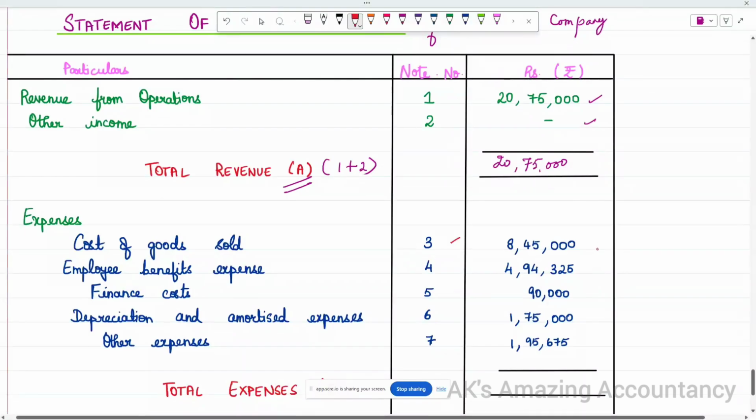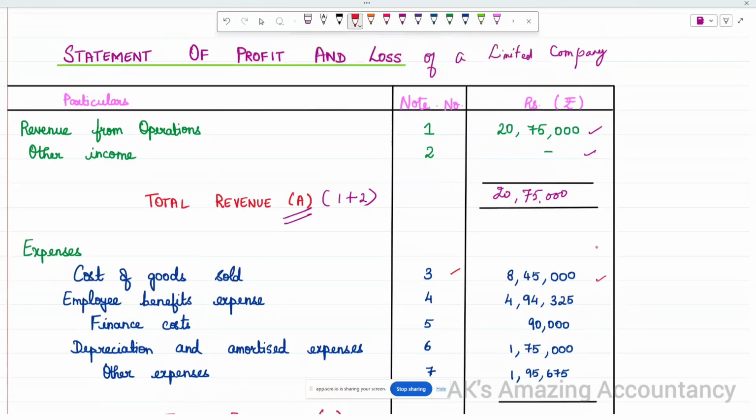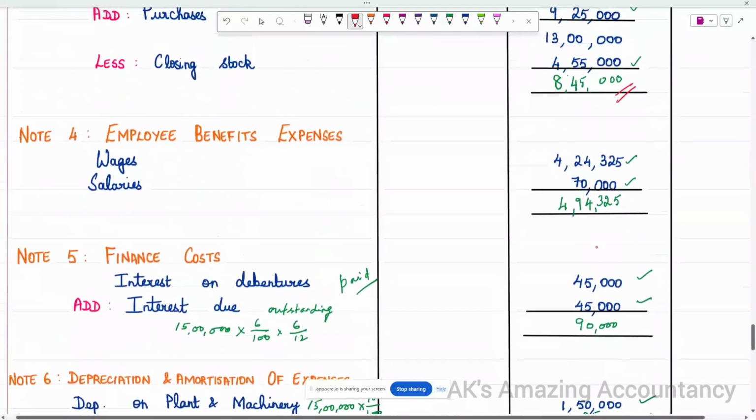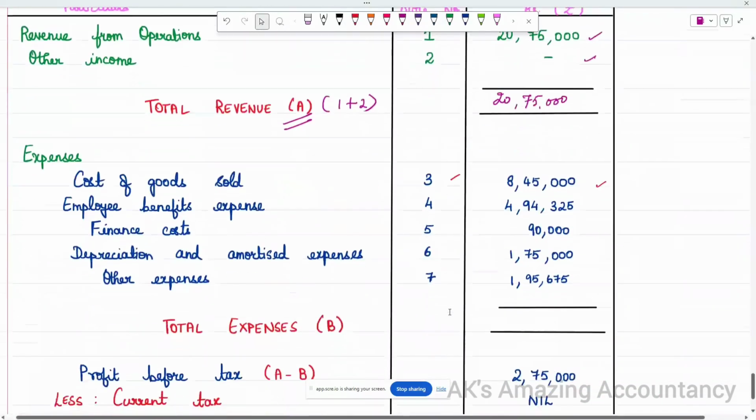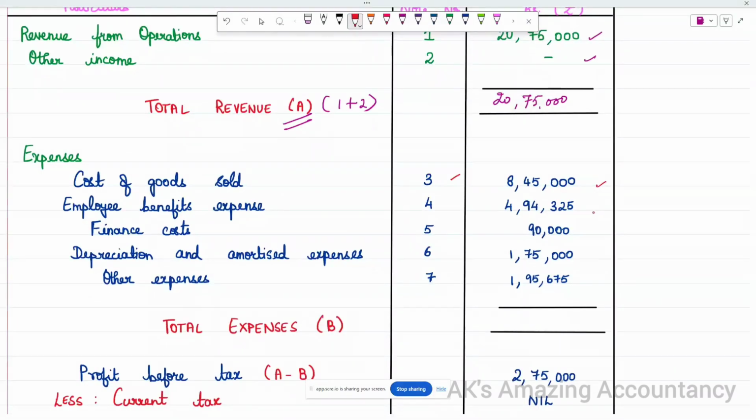Note 3, cost of goods sold 8,45,000. Then the next note we have is employee benefit expenses, that is note 4. Employee benefit expenses note 4, the amount is 4,94,325. So let us enter that.